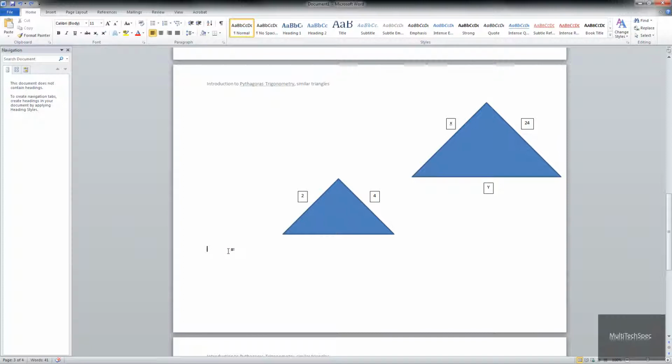We have 2 and x, and we have 4 and 24. Notice one is a scale factor of another.